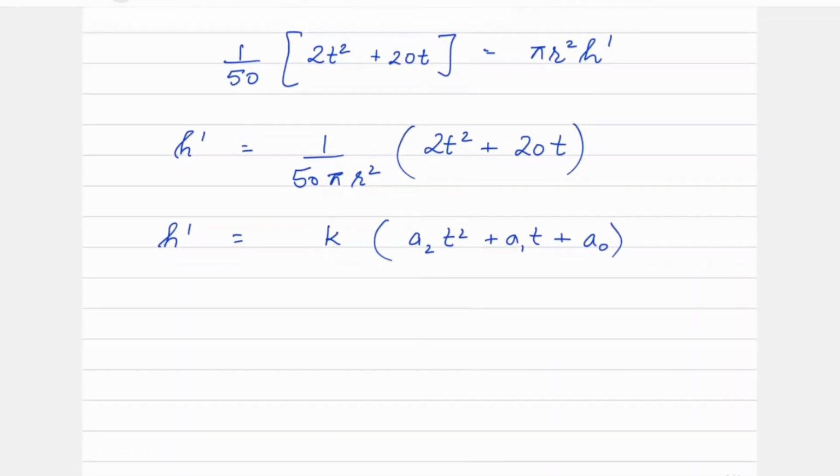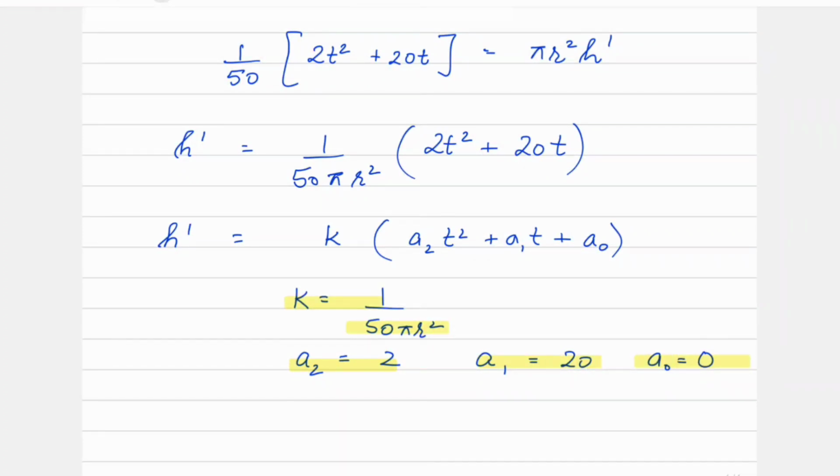So let's compare. If you compare here, we get k = 1/(50πr²), a2 = 2, a1 comes out to be 20 and a0 comes out to be 0. So we have obtained these values.